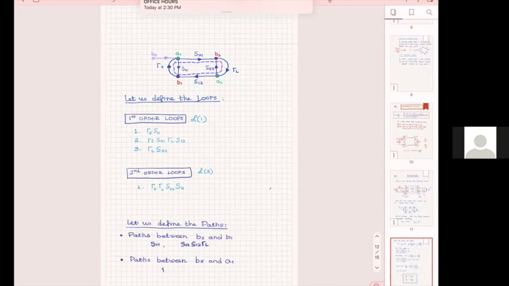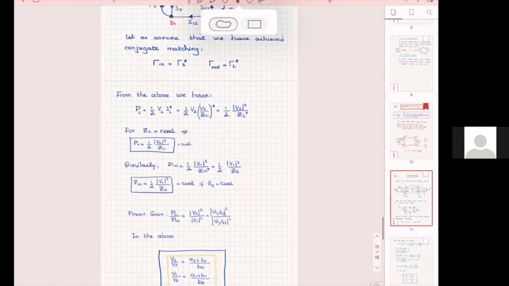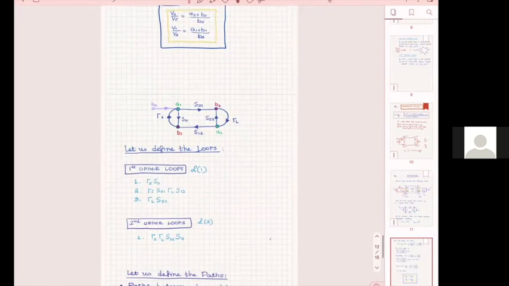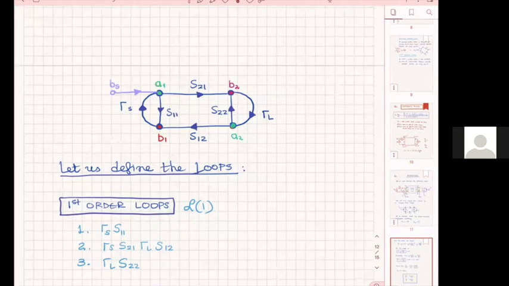And how do I write them? Just the value. In the big one, the value is the product of all of the numbers that you have. So S21 times gamma L times S12 times gamma S. And the smaller one, like this is a small one, okay, let me see.